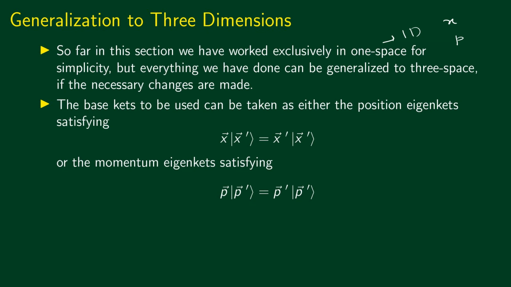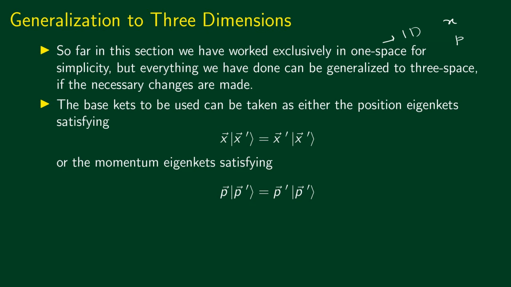So let's look at the eigenvalue equations in three dimensions. The position eigenkets satisfy this equation: X vector acting on ket x vector prime is equal to x vector prime multiplied by ket x vector prime. This vector here means that we are talking about a vector operator with three components.